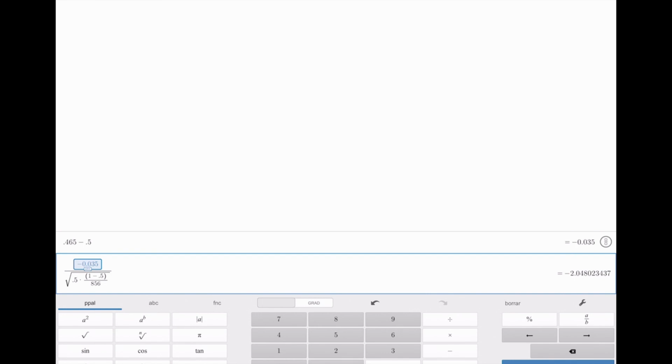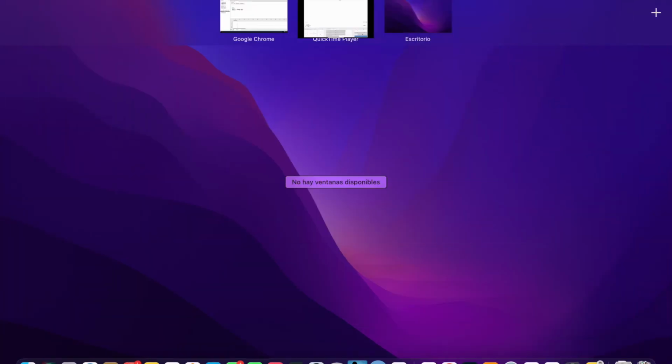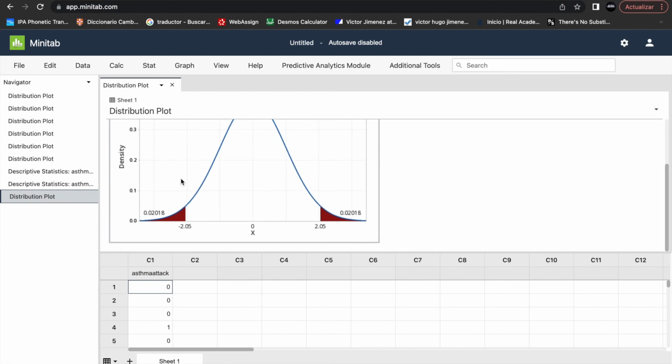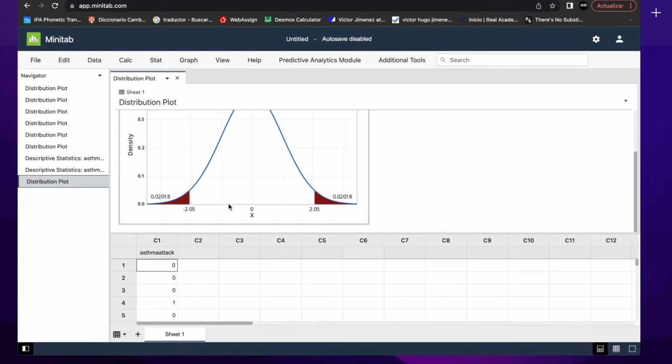So it seems to be correct, right? 856, 0.5, 1 minus 0.5, negative 2.05. All right, it seems to be correct. So negative 2.05.